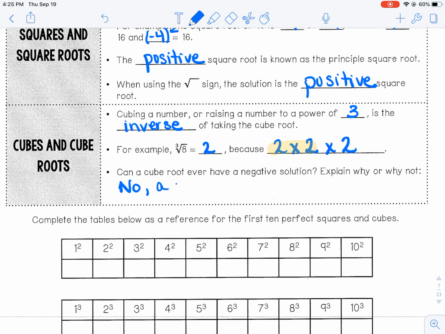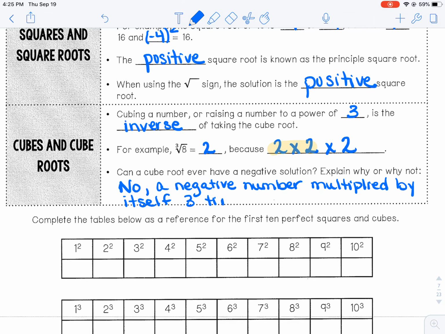from a negative number multiplied by itself 3 times. It will always be negative.